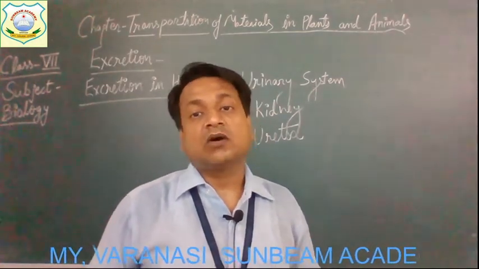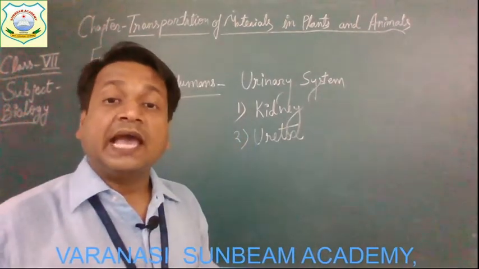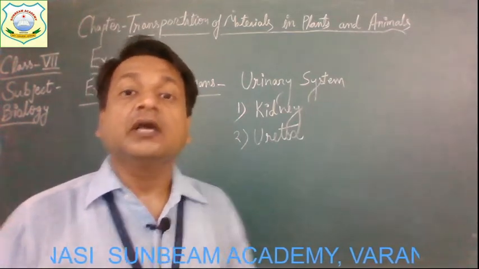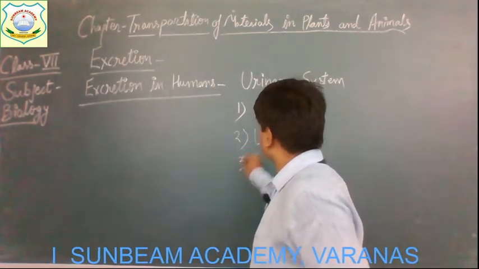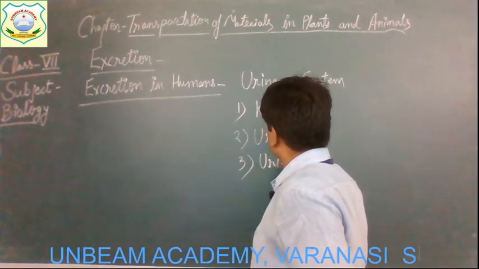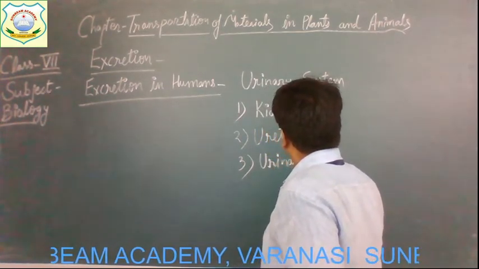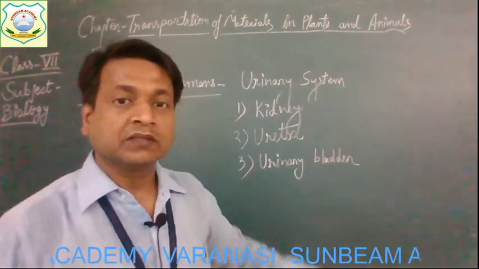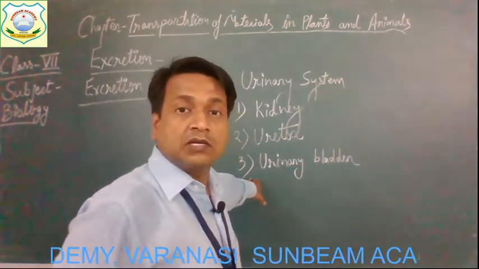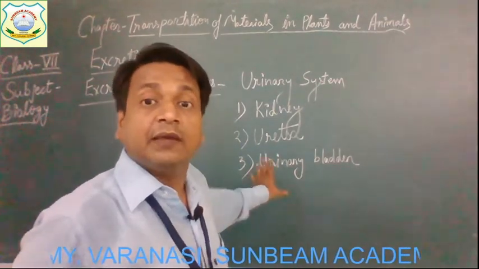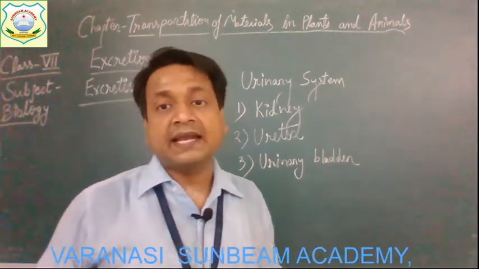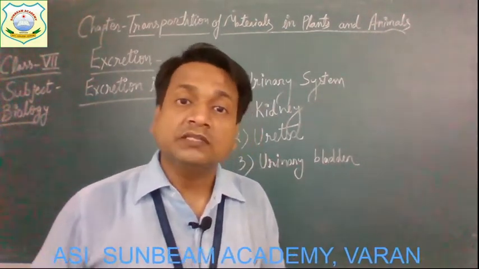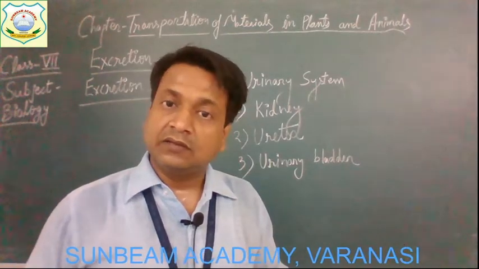The next organ of the urinary system is an elastic sac or bag-like structure which is called the urinary bladder. Get it, children? The third important organ of the urinary system is the urinary bladder. It is an elastic bag-like structure in which what happens? Yes, the urine gets collected.